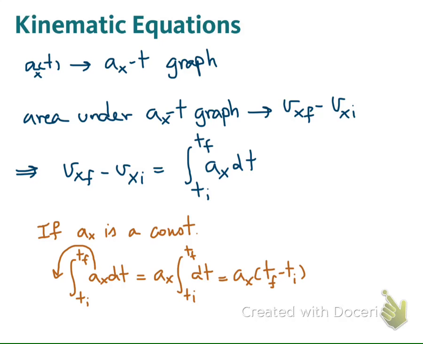We have the area under the curve, and this must equal Vxf minus Vxi. So we have the kinematic equation of the velocity for an object moving with a constant acceleration back. We can expect this from our previous discussion.